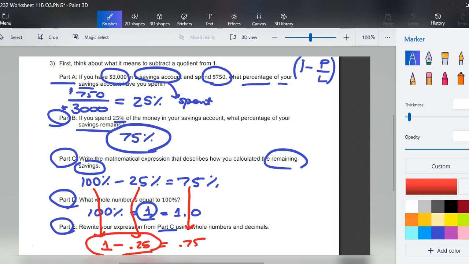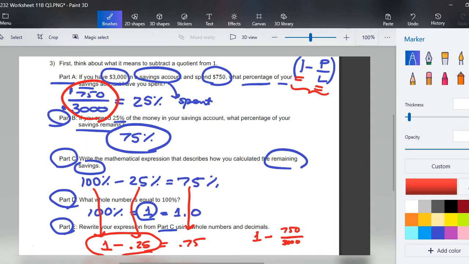So my expression of taking a whole minus a part is starting to look very familiar to the formula, where it's a whole amount minus something, because that's what I even did to get the 25%. I had 1 minus, and remember my 25% was a fraction. It was what I spent over what was in the account.